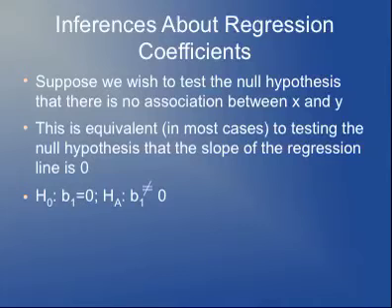The idea is that if x tells you absolutely nothing about y, then the best predictor of y based on x will just be y bar, the mean of y's. X will tell you nothing, and the slope of the regression line will be 0. If the slope is non-zero, that implies that as x changes, y changes.